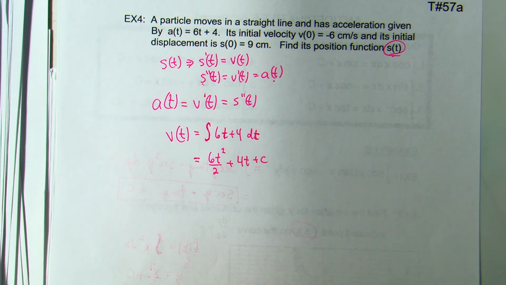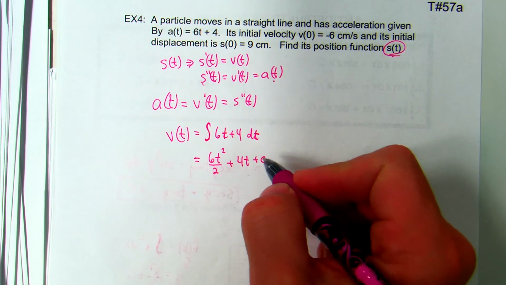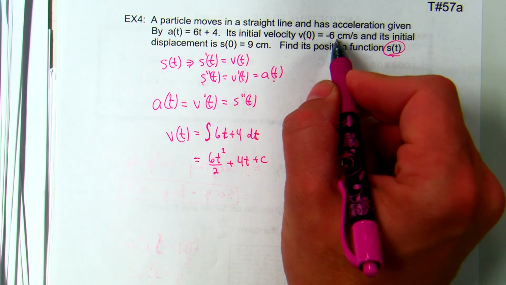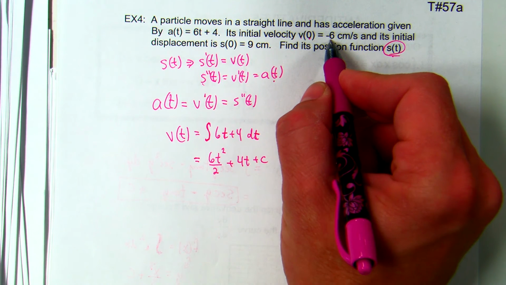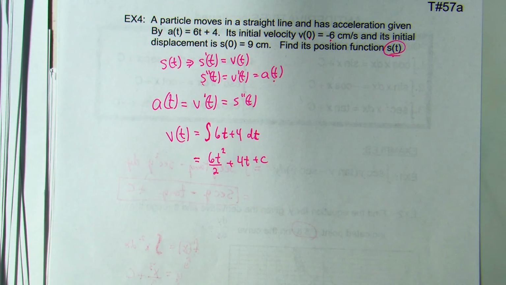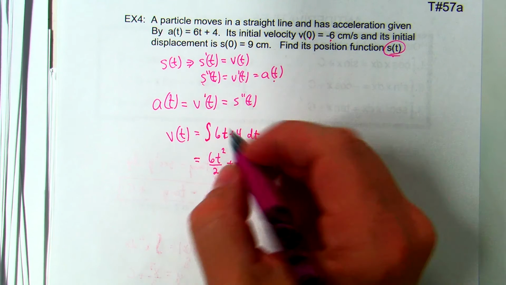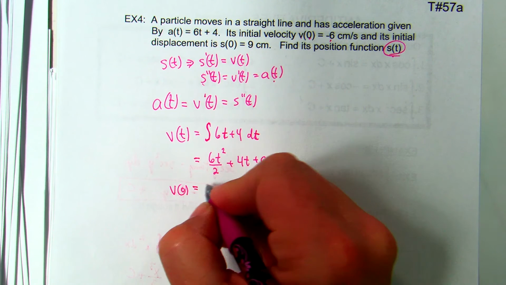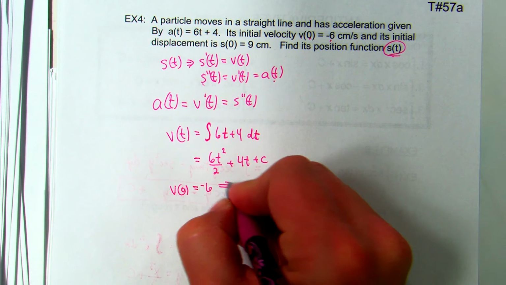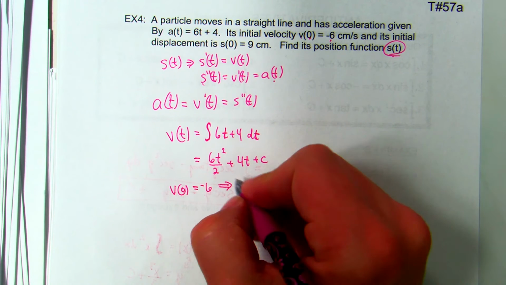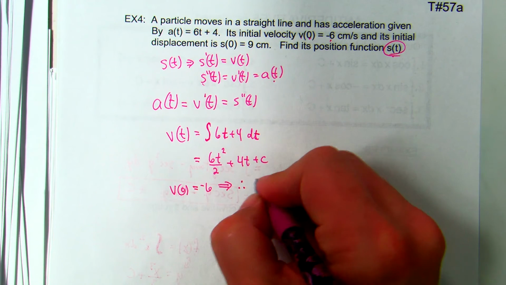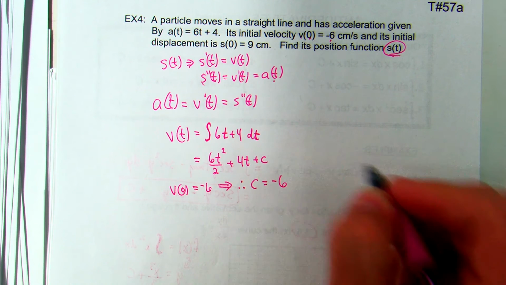Now, looking for c itself, we know that when t is 0, the velocity should equal negative 6. If I set t to 0, it's supposed to be negative 6, so that makes all of these terms 0.